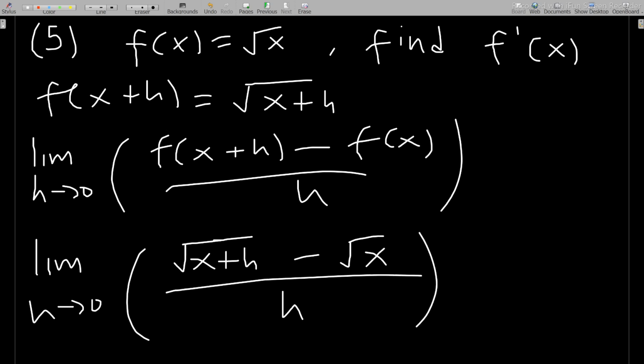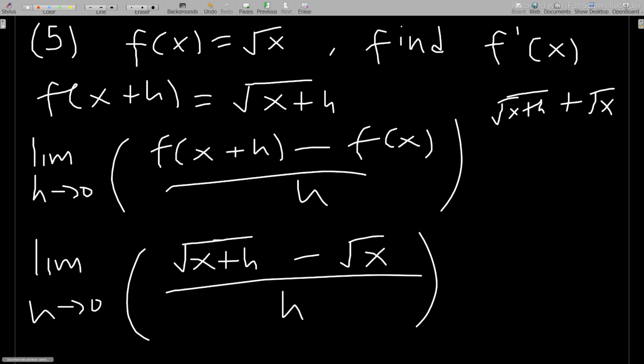So how you solve this is simply rationalize the numerator. I've already told you that you can rationalize the numerator as well, okay? So the conjugate of the numerator is just the square root of x plus h plus the square root of x, okay?